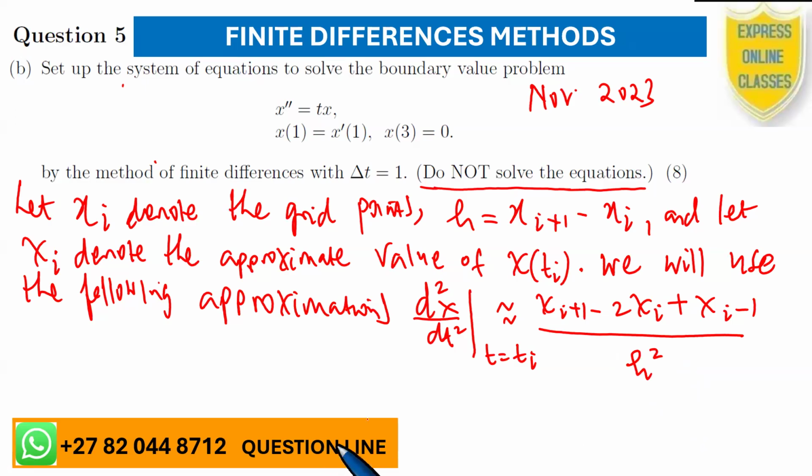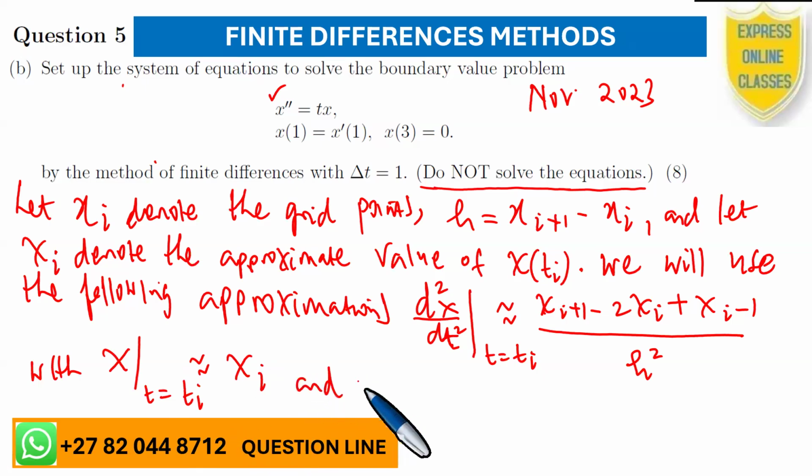This would be the formula we're going to use, because we're seeing the second derivative. So for the second derivative, d squared x dt squared will be approximated by this, with x evaluated at t equals t sub i, which should be approximately x sub i.